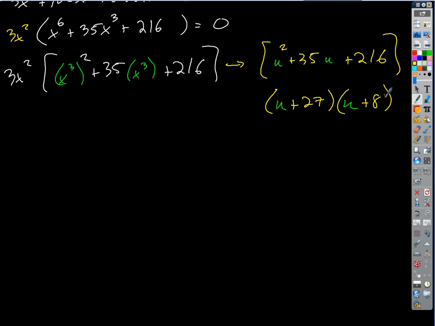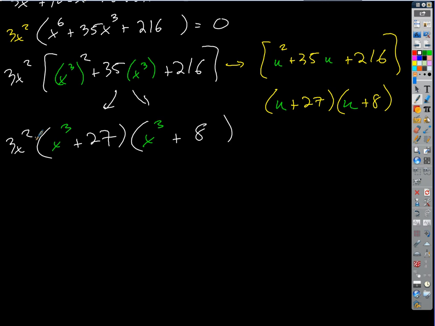So this splits apart. Instead of a u, we've got x cubed plus 27 and x cubed plus 8, and then I've got my 3x squared out front. Now we've got factors that we can easily fit into patterns.